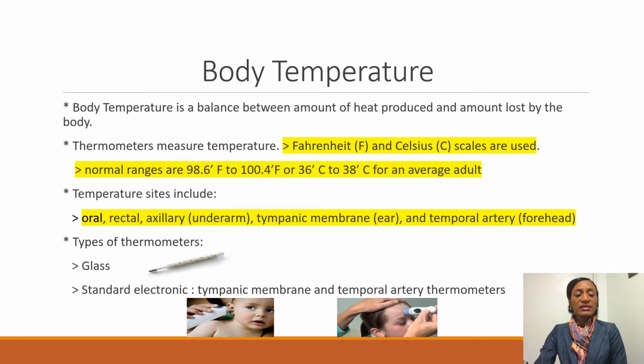The standard electronic ones are the more familiar and more popular ones now. This is the tympanic membrane one, which I show here in a picture representation. And this is a child with a tympanic thermometer going into the ear. And the temporal artery thermometer, which is being measured on the forehead.